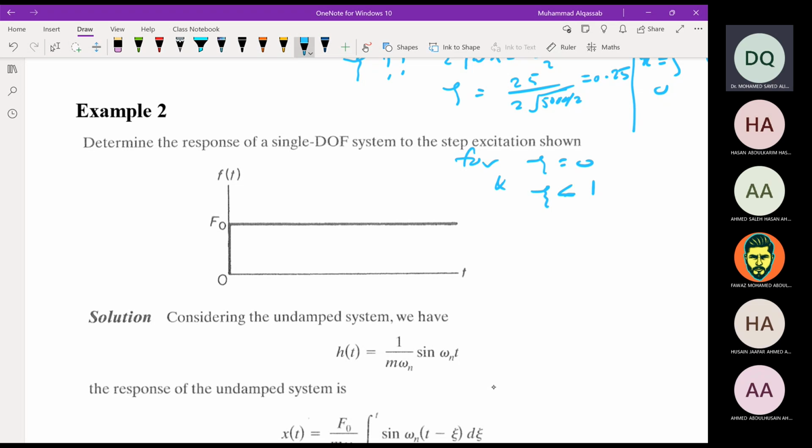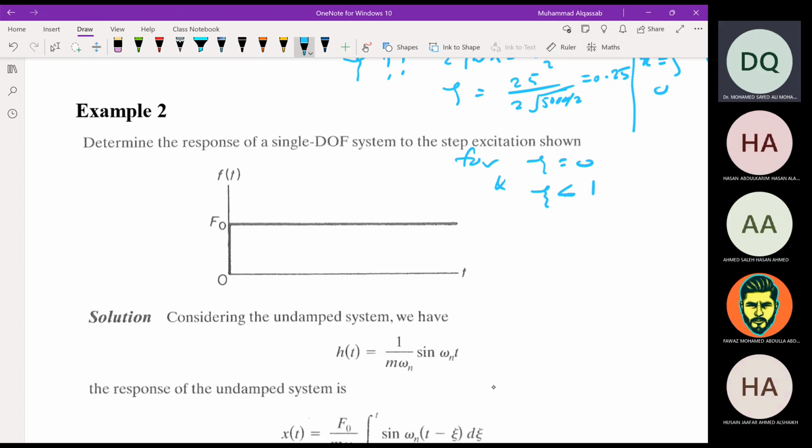So you imagine that, let's say, this is the spring mass system. This is M and this is K. And this is the equilibrium position now.